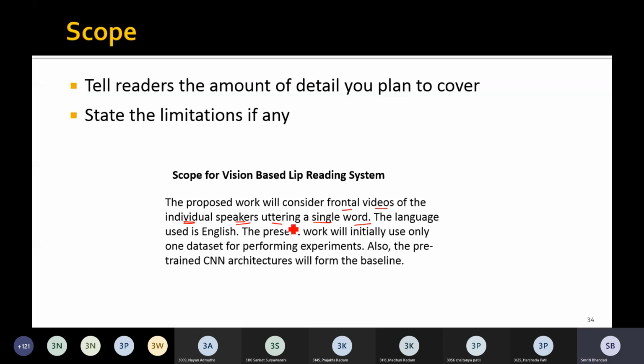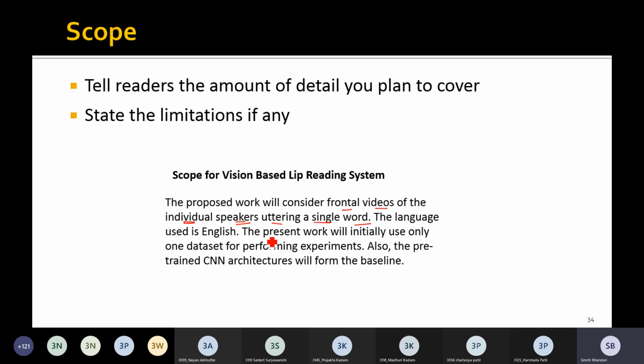Also, it has been mentioned that the speaker utters a single word. As this is the initial task, it would be very difficult to predict entire sentences or the entire speech from a person.